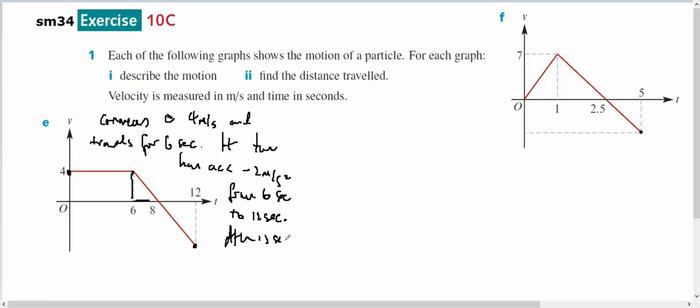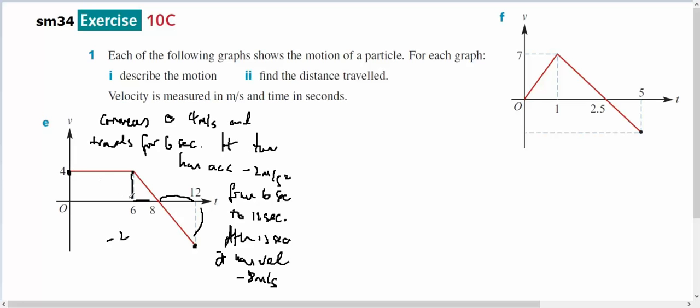After 12 seconds it has velocity, okay, so there's a gradient of -2, therefore in those 4 seconds it will go down 8, so minus 8 metres per second. What is the total distance travelled?